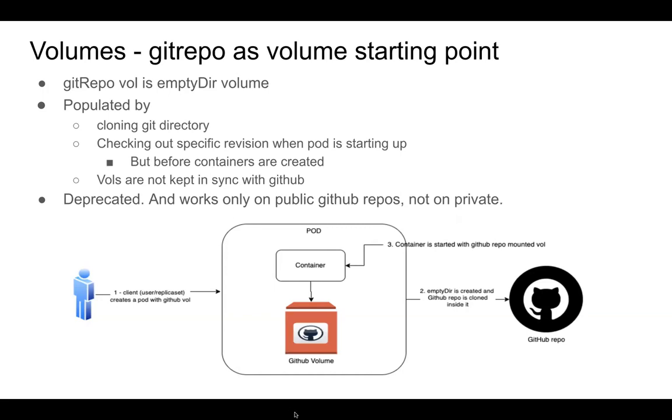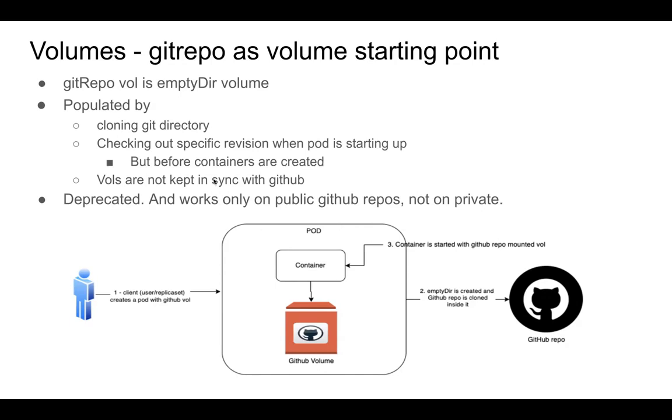Now what we'll do is discuss gitRepo as a volume, starting with the basics. gitRepo is an emptyDir volume, and I'll tell you how it works. It is populated by cloning the Git repository and checking out a specific revision when the pod is starting up, but before containers are created. So between pod starting up and before containers are available, all these things are happening.